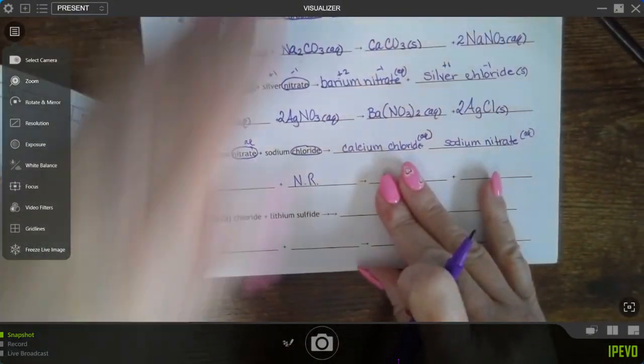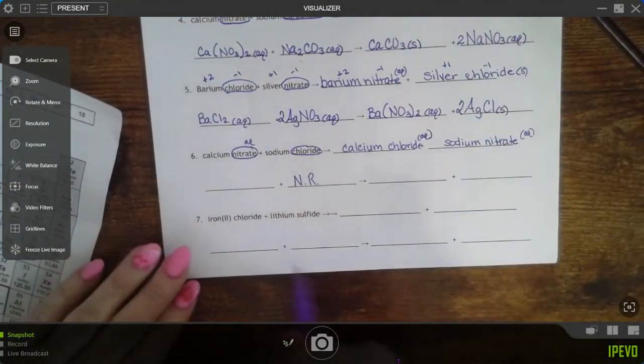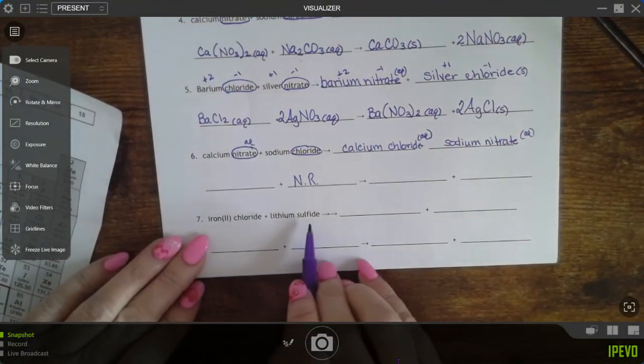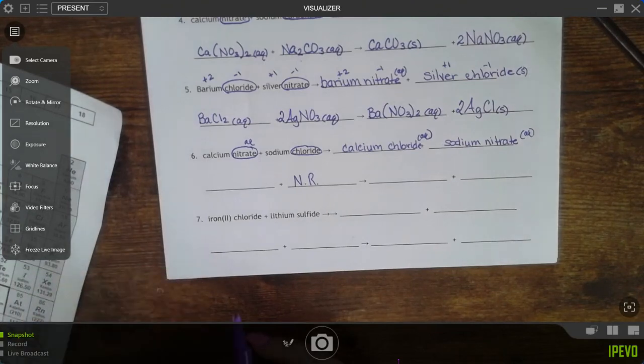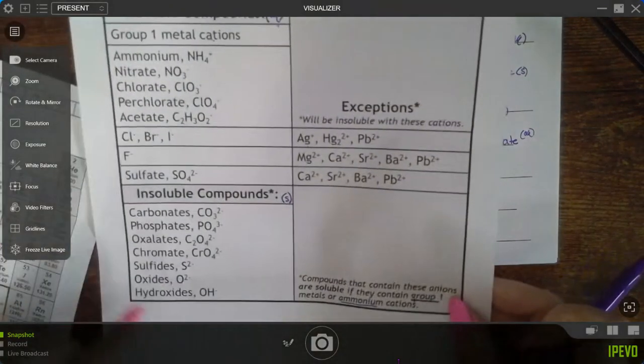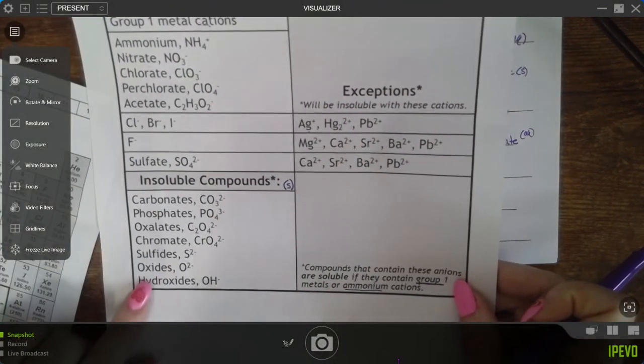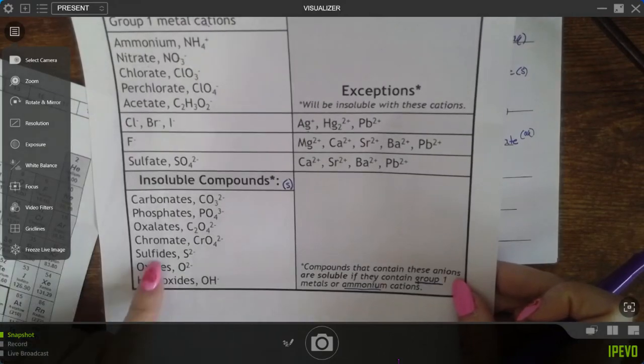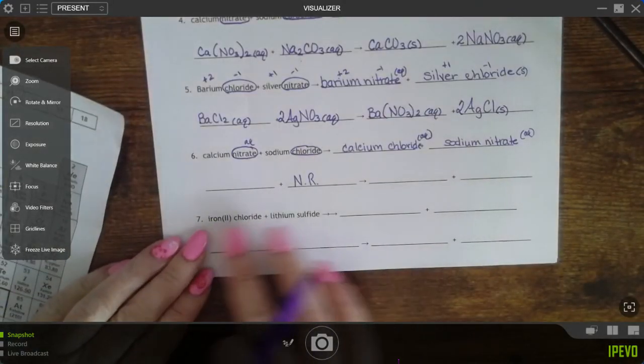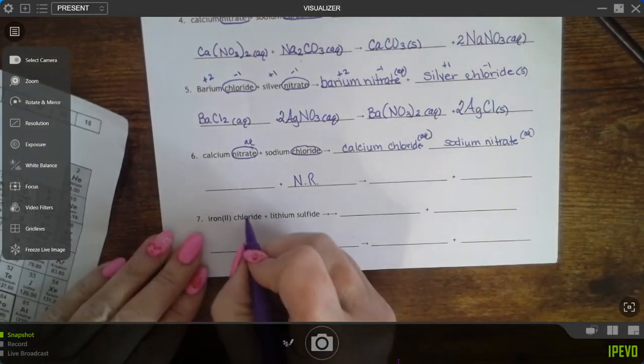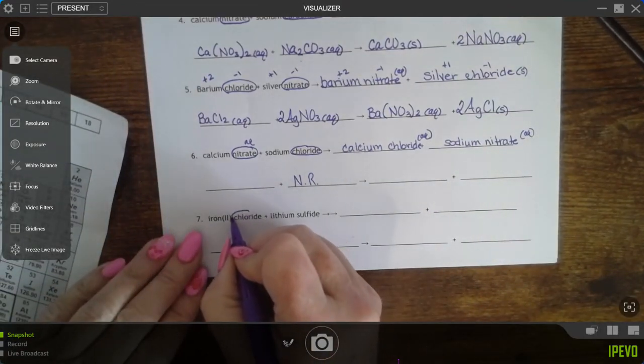We don't have to write the chemical equation for it. All right. Number 7, iron chloride and lithium sulfide. And again, if you can get your head around that, sulfides are always insoluble. So I'm going to write this out because it looks like I'm probably going to have something that is insoluble.